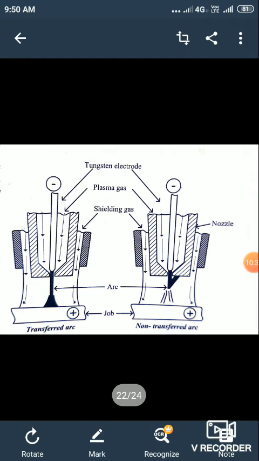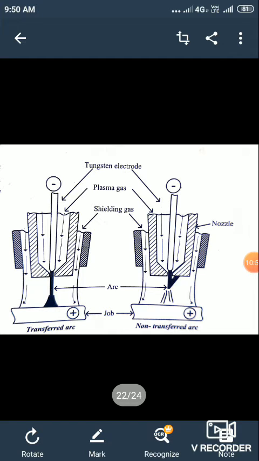The plasma arc welding is of two types. First one is non-transferred arc process. Next one is transferred arc process. Okay, you can see that in transferred arc process, the arc is formed between a positive workpiece and a negative electrode.